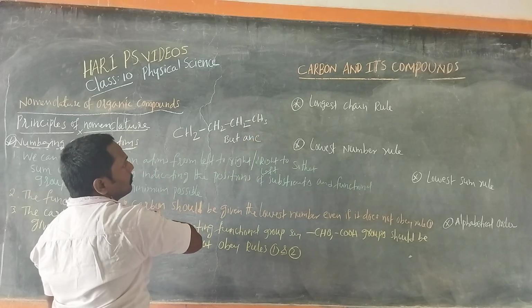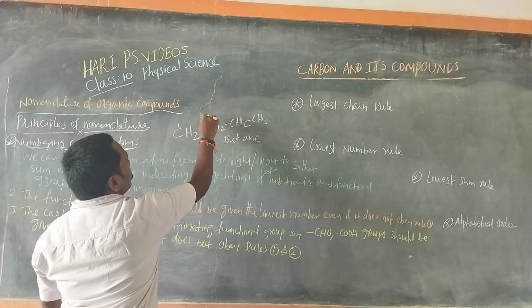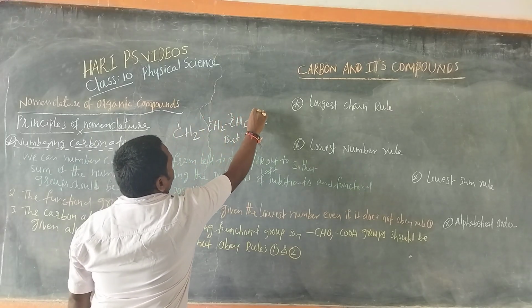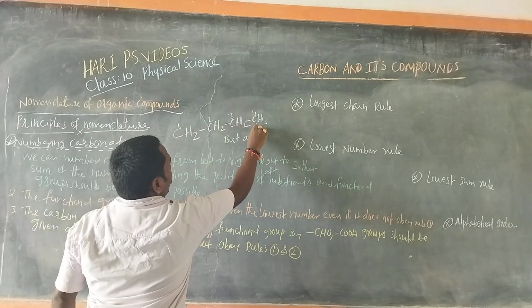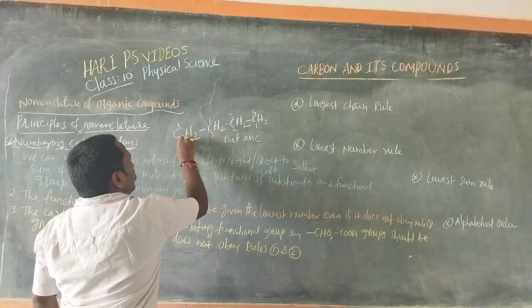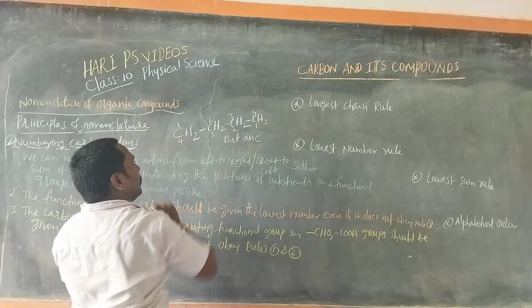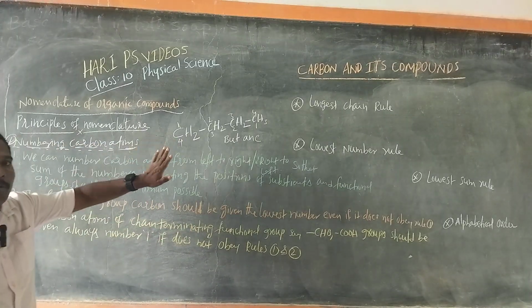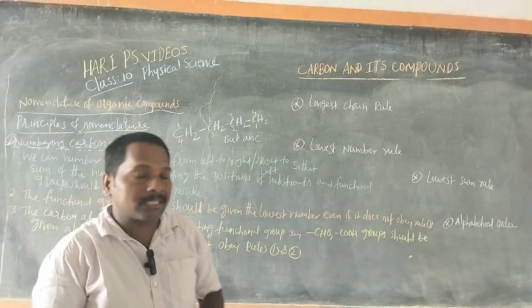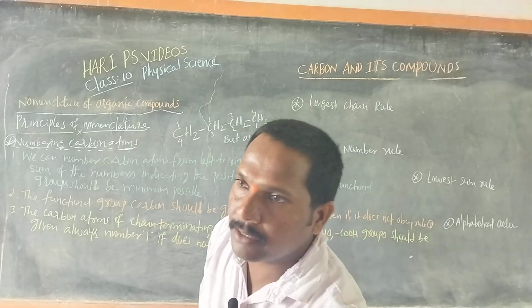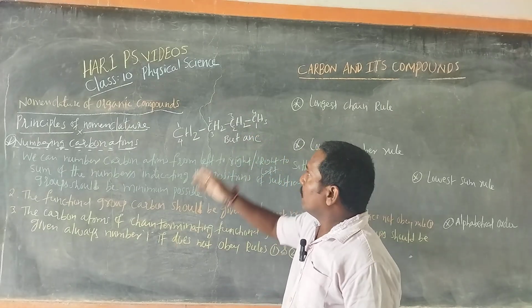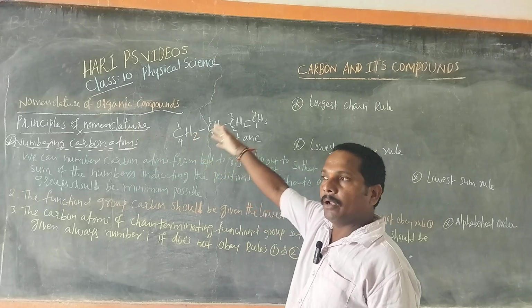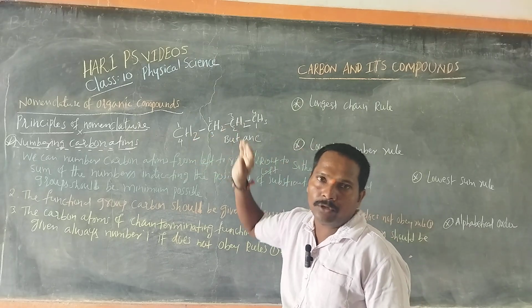Butane. So how do we give the numbers? 1, 2, 3, 4 from left to right, or 1, 2, 3, 4 from right to left. This compound has no branches and no substituents, so we can give the number from left to right or right to left.